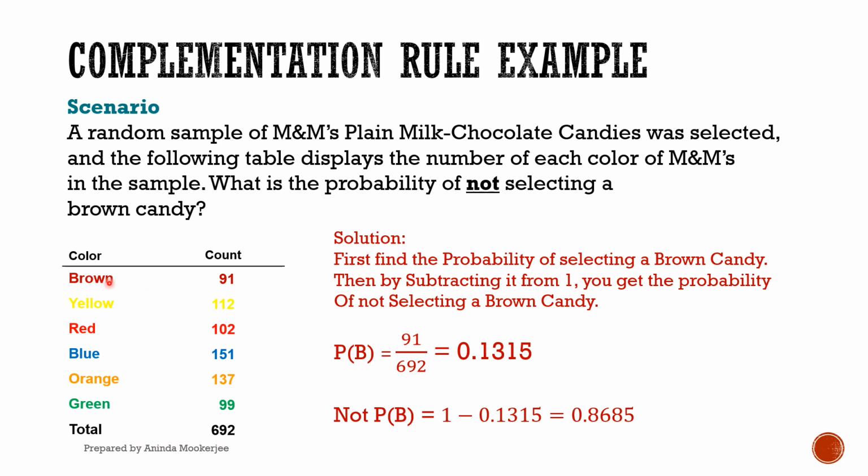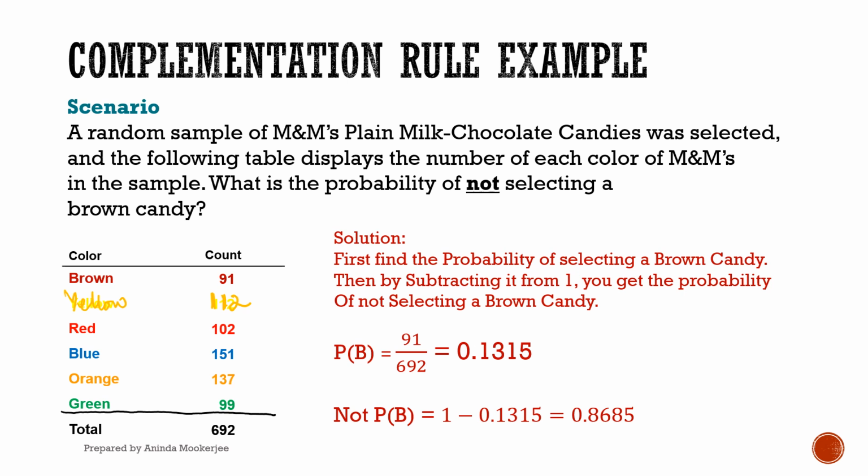The colors here are brown, and there were 91 brown M&Ms, and 112 yellow candies, 102 red, 151 blue, 137 orange, and so on, for a total of 692 candies. Okay, so the question is, what is the probability of not selecting a brown candy?